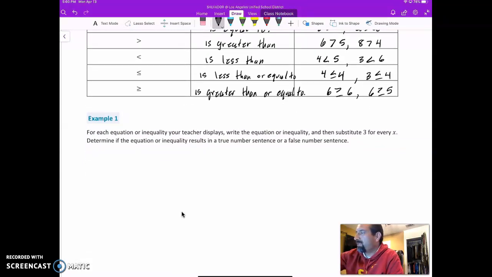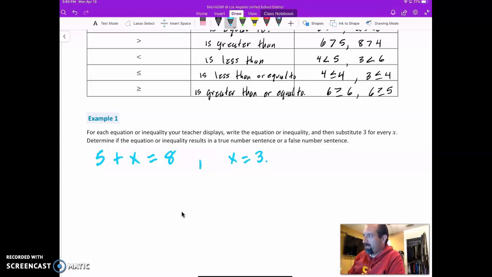Okay? So, for example, I'm going to do 5 plus x equals 8. And we're going to let x equals 3. Okay, let's see if this results in a false or a true statement.